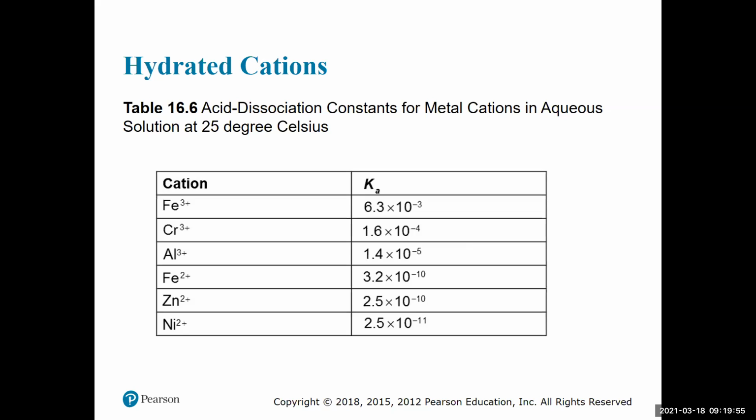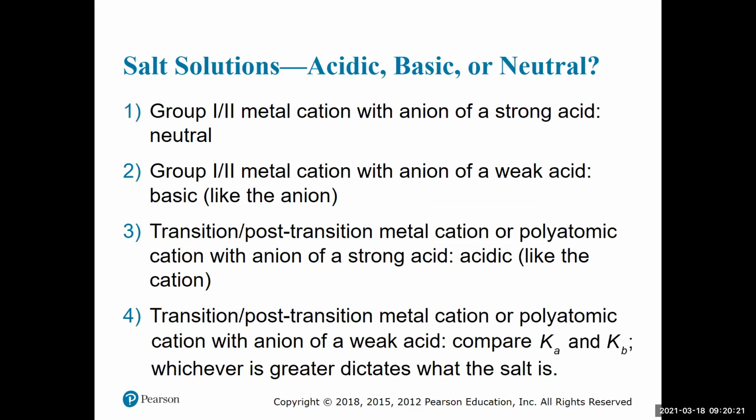So, iron at +3 with a 6.3 times 10 to the -3 Ka, that's pretty acidic. That's fairly low pH. But you go down to nickel at +2 and 10 to the -11th, well, that's a basic solution, right? So there's some acidity to it, but it's pretty weak. So it varies based on these cations.